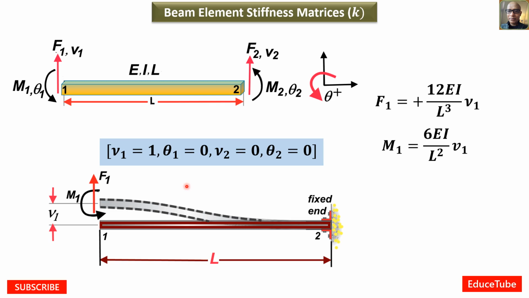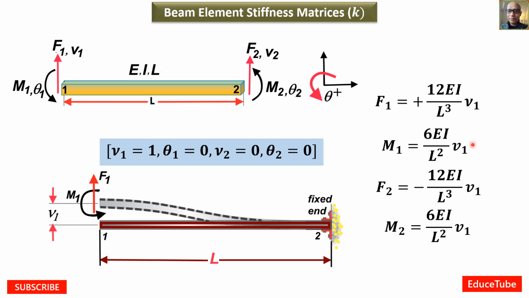Then we get F1, M1, F2 and M2. So I got M1 as 6EI over L squared times nu1, and M2 as 6EI over L squared times nu1. So I got these two moments.